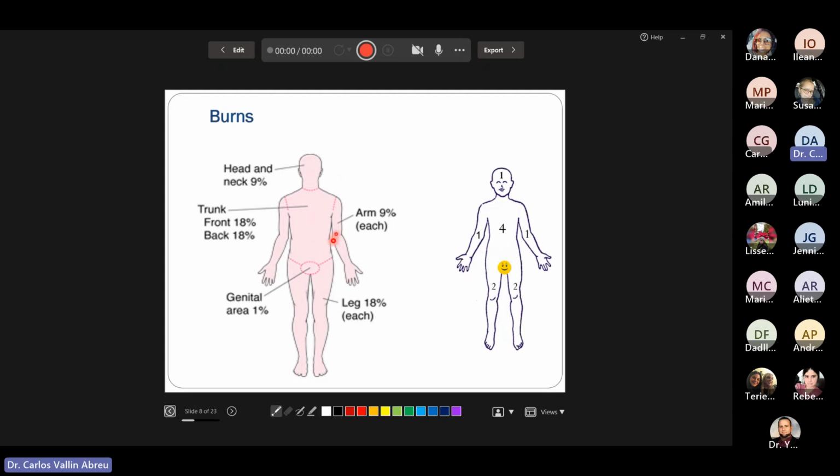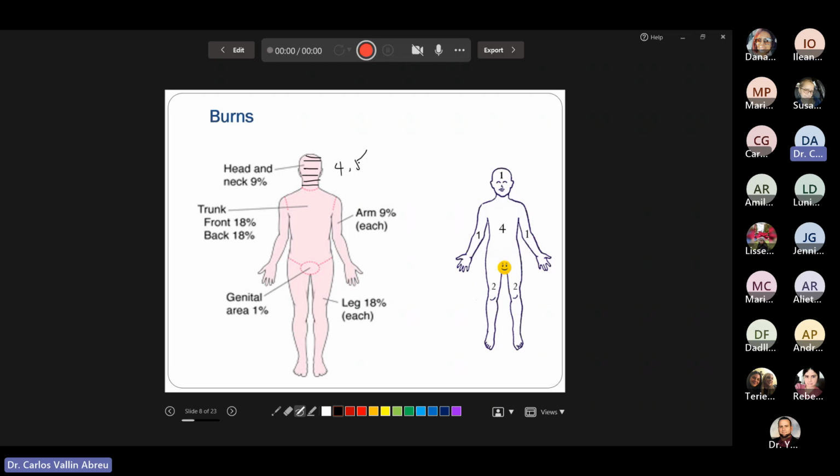Of course, the human body is not flat, is not in 2 dimensions, it's tridimensional. For that reason, you need to distribute those nines, those percentages, around the parts of the body. So if you have, for example, burns only on the anterior part of the head, please give half of 9, which is 4.5.